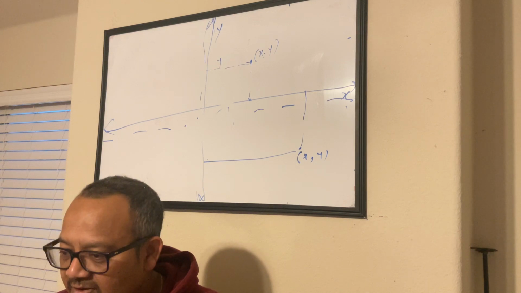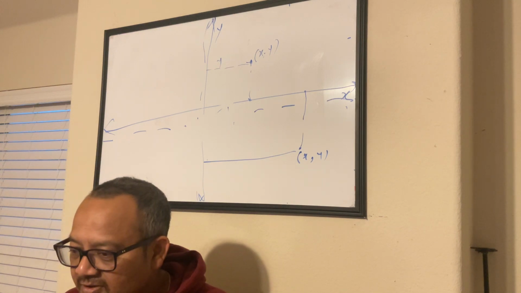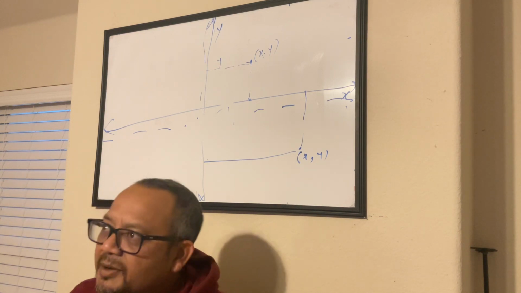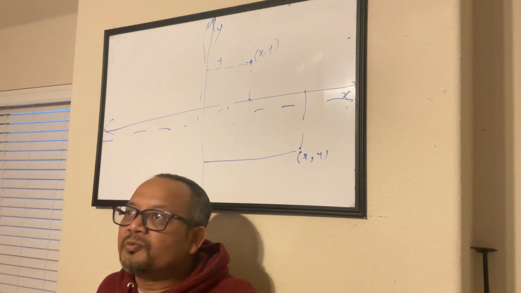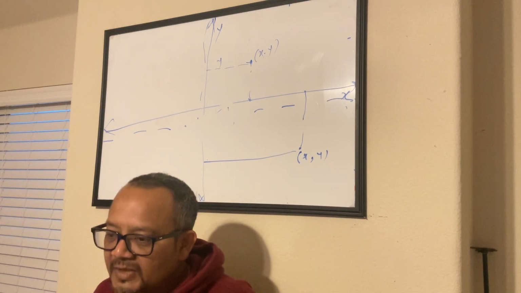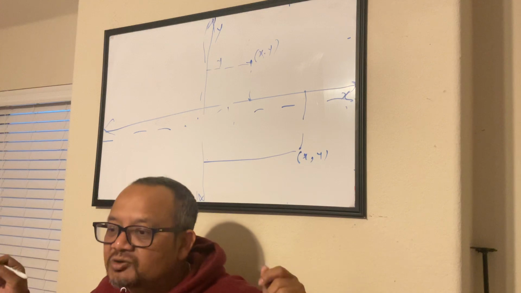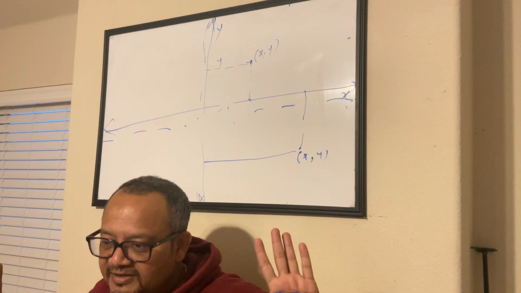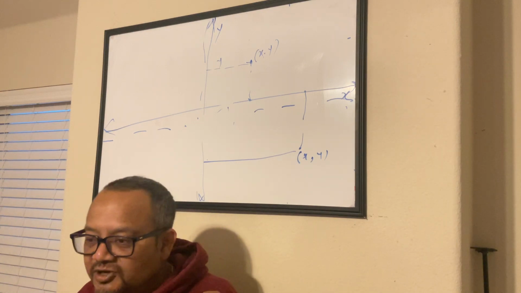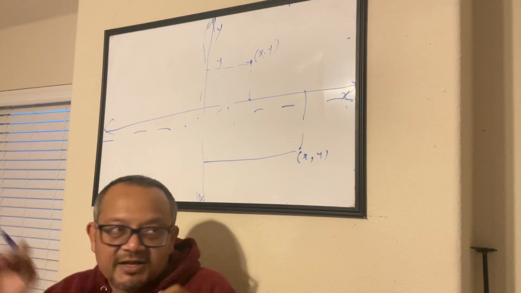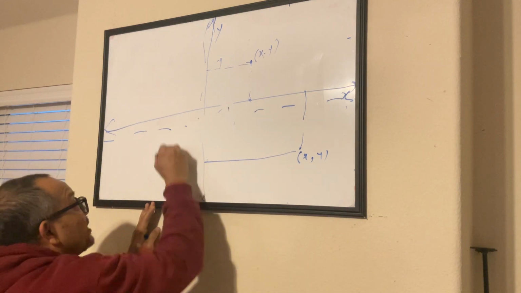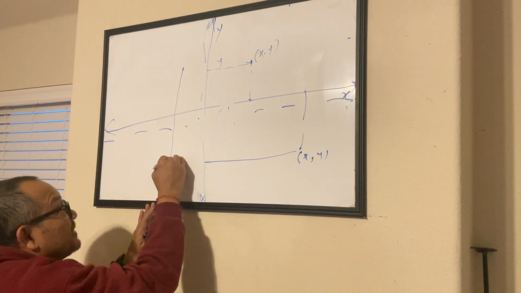Is drawing a line and a slope, are both the same? Slope is the property of a line. Drawing a line is just connecting 2 points, as simple as that. If you're talking about this point and this point, this is very steep.